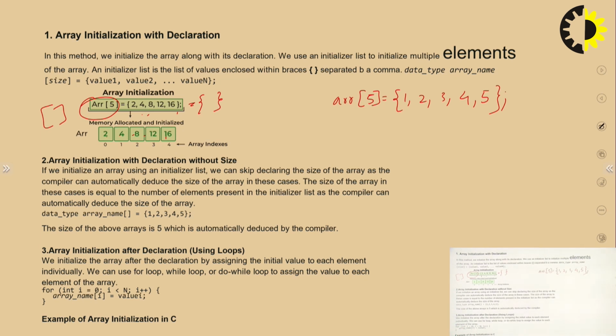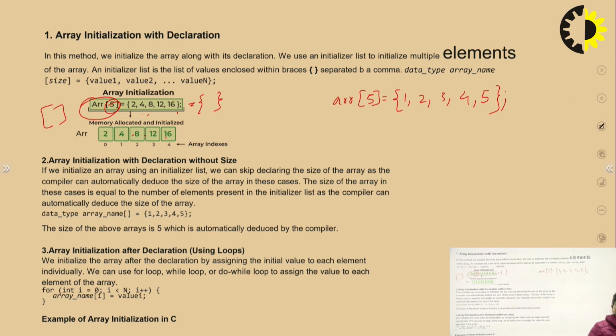Now see, here you have mentioned the size, 5. But if you declare without a size, what happens? If you initialize an array using an initializer list, then we can skip declaring the size of the array, as the compiler can automatically deduce the size of the array in these cases.